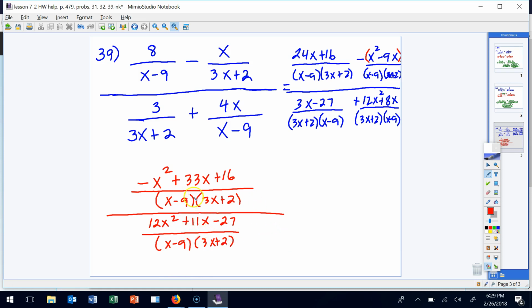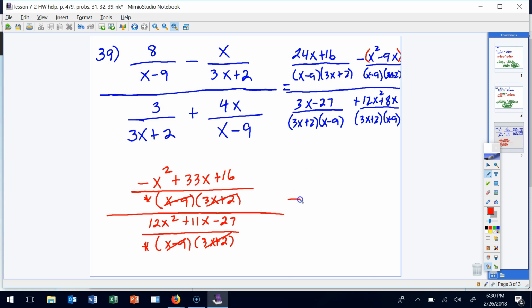Well, I talked in the notes in class earlier that whenever the LCD is the same between these two halves of the complex fraction, you can really think of it this way. These denominators will cancel each other. And what is left will be our answer, which is really going to be the two numerators.